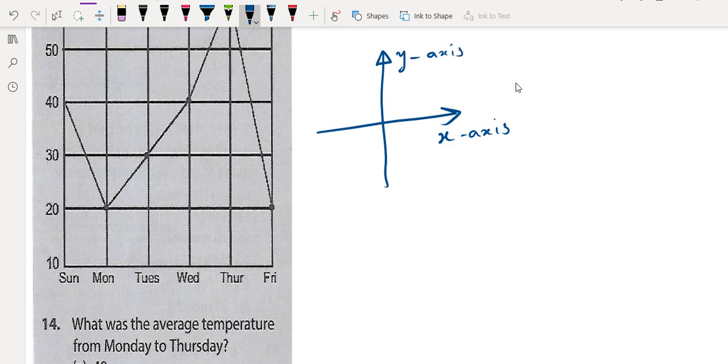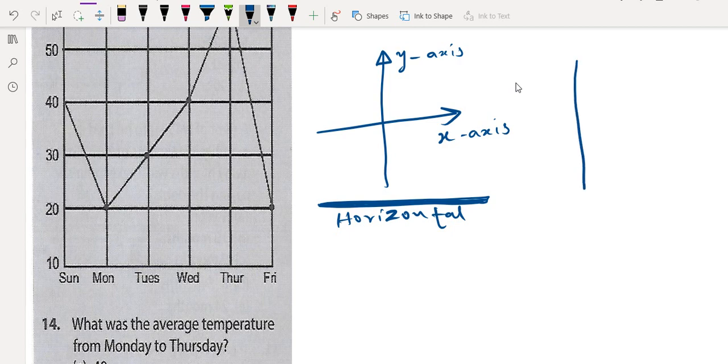X-axis is normally horizontal. It's always like this, lying flat. When it's lying flat, we say it's horizontal. We say it's what? Horizontal. Okay.